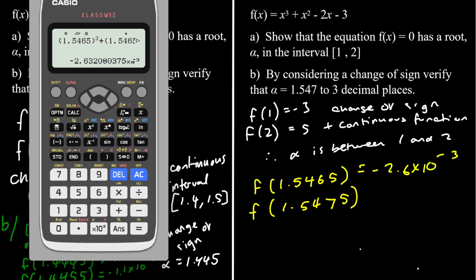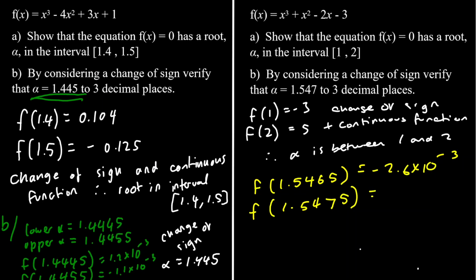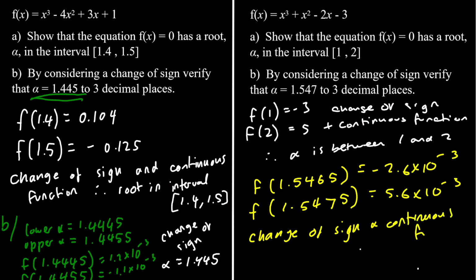And for the second one, we get a positive 5.6 times 10 to the power of negative 3. So we've got a change of sign and a continuous function, which means alpha is 1.547 to 3 decimal places.